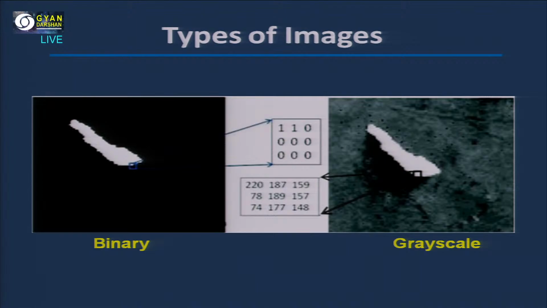On the right side, you can see an example of a grayscale image, wherein there are some values in between 0 and 1. This is an example of 8-bit data, where the value ranges from 0 to 255. So a total of 256 values are available here, and you can see the variation in the pixel values in the water pixels.